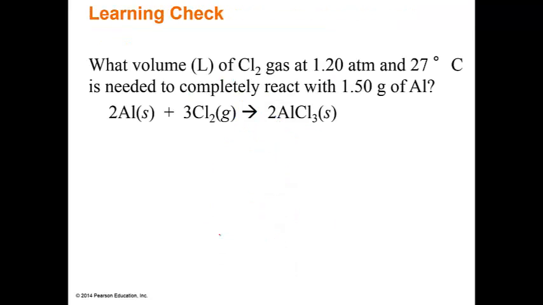All right. So it says, what volume in liters of chlorine gas at 1.2 atmospheres and 27 degrees C is needed to completely react with 1.5 grams of aluminum? Here's our balanced equation: 2 Al(s) + 3 Cl2(g) yields 2 AlCl3(s), where s is solid and g is gas. So, let's figure this out.